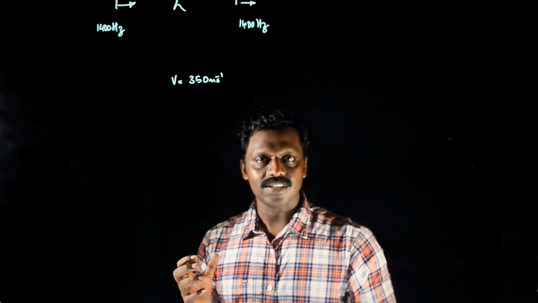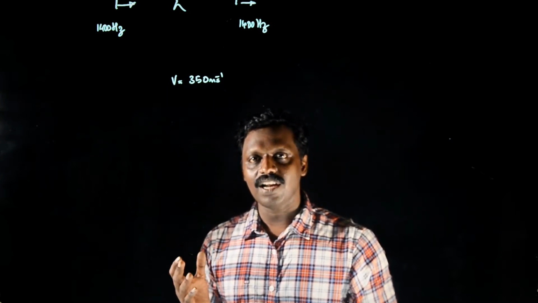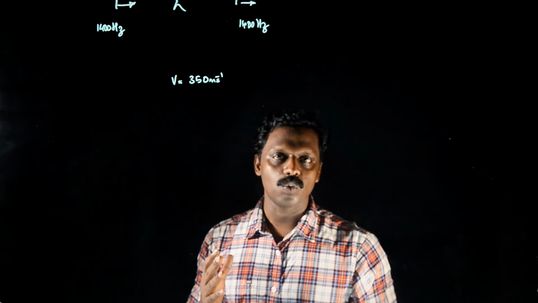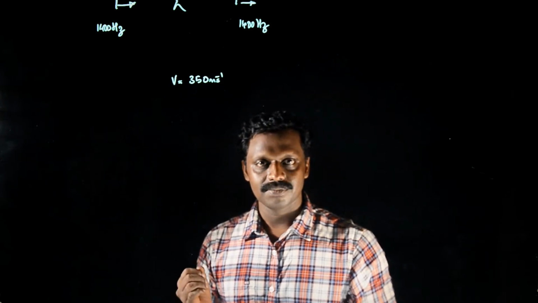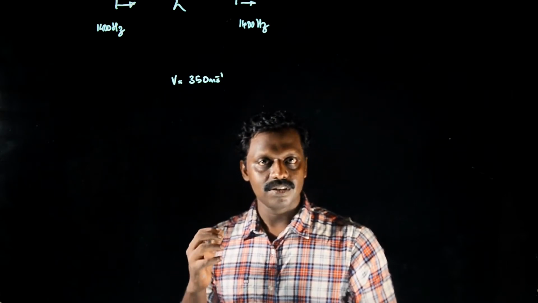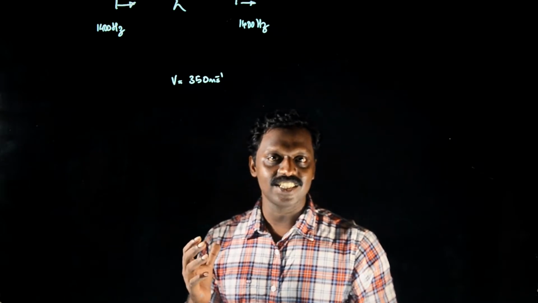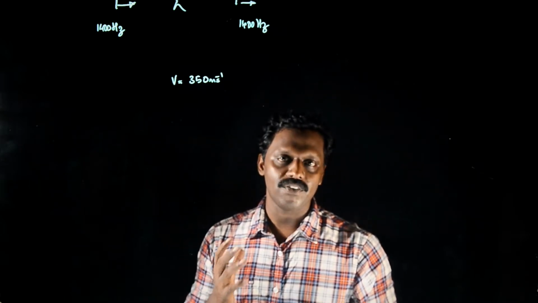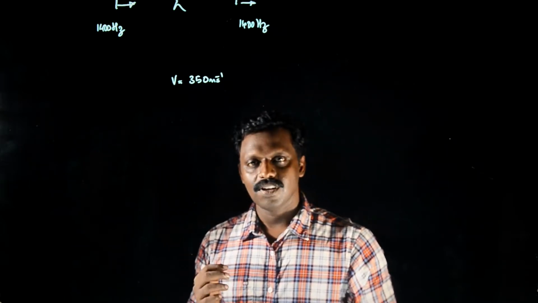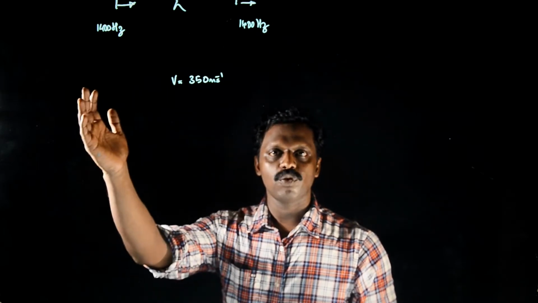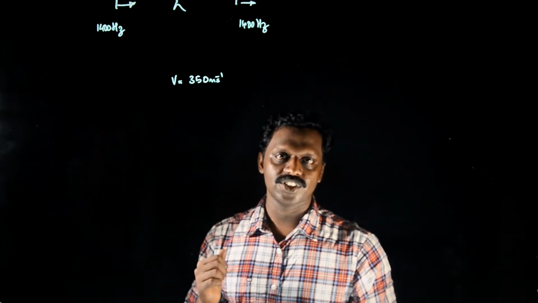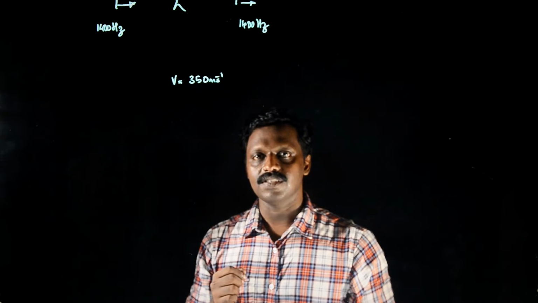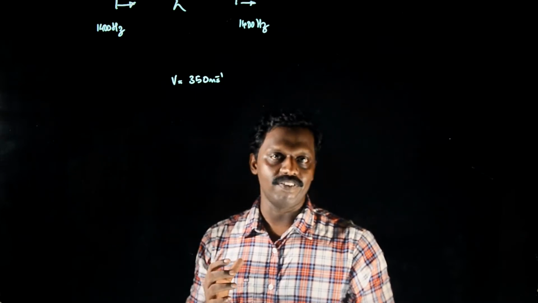Now, beats arise when two nearly equal frequencies are sounded together in a medium, and this happens when the resultant intensity periodically rises and falls. Since the tuning fork is approaching the stationary listener in the first case, we have a Doppler effect there.